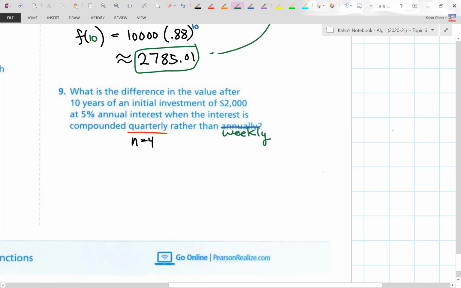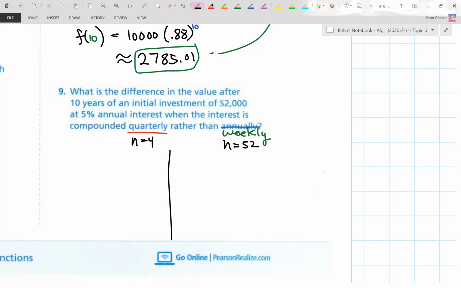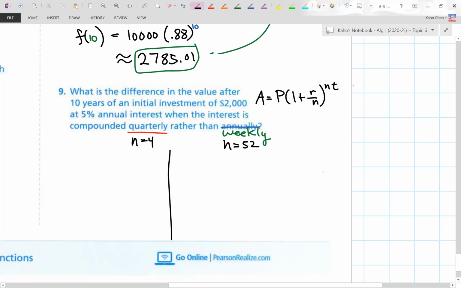Weekly means the number of weeks in a year, n equals 52. Okay, we're going to do this problem twice. Here's our function. A equals P times 1 plus r over n to the nt power. Let's plug the numbers in. We're looking at $2,000 and 1 plus 5%.